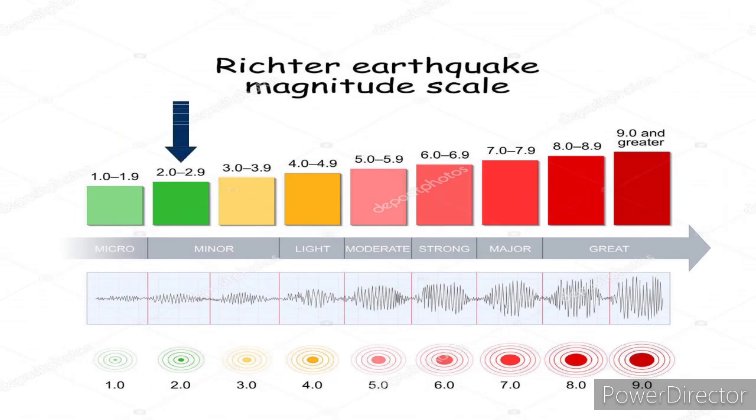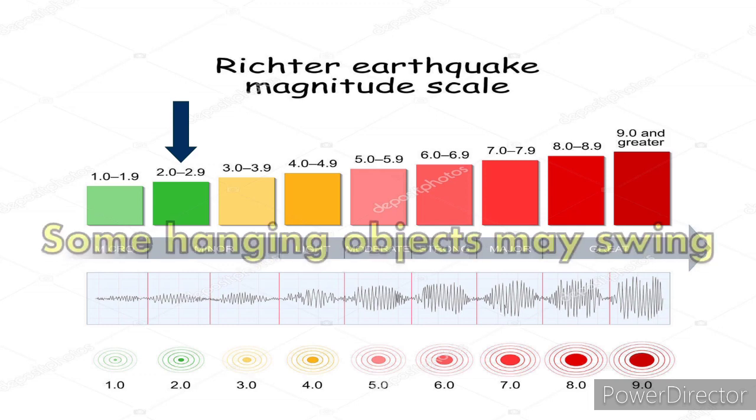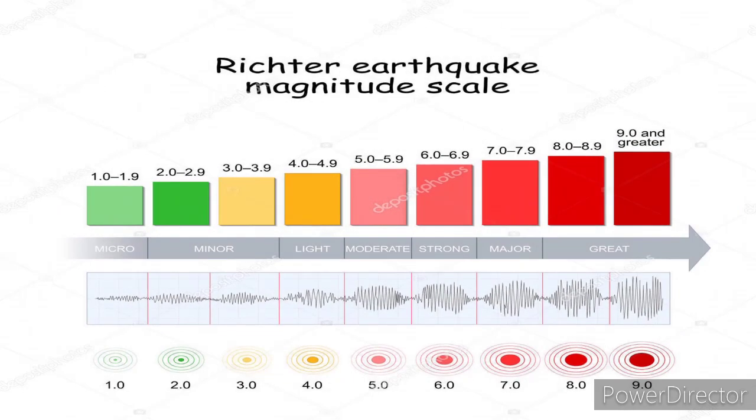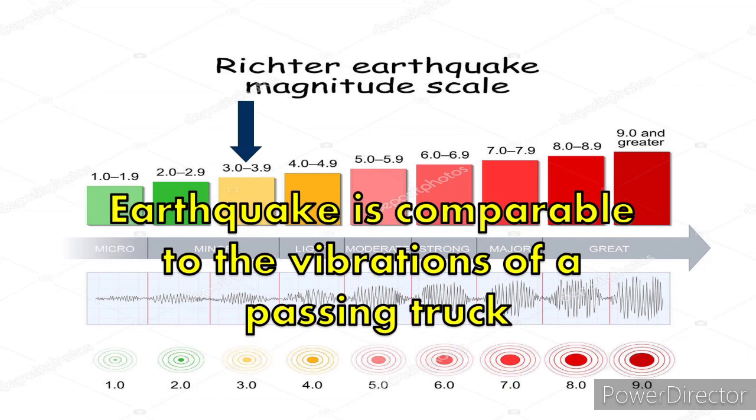If the magnitude ranges from 2.0 to 2.9, people may feel it and some hanging objects may swing. For magnitude 3.0 to 3.9, the earthquake is comparable to the vibrations of a passing truck.